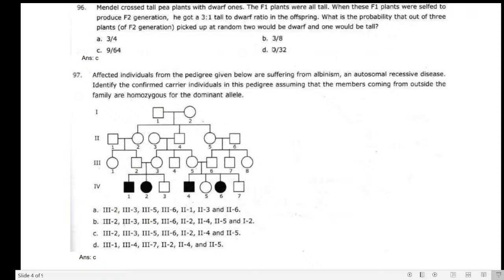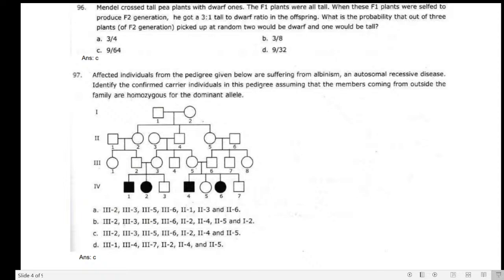What they ask is the probability that, taking three plants at random in the F2 generation, two should be dwarf and one should be tall. Here they want the mathematical modeling.